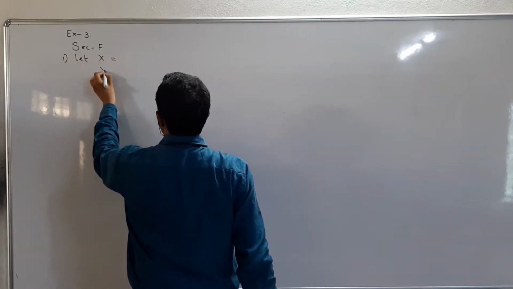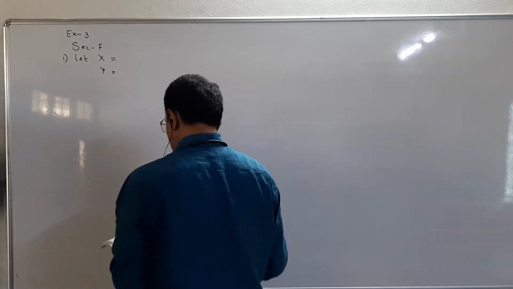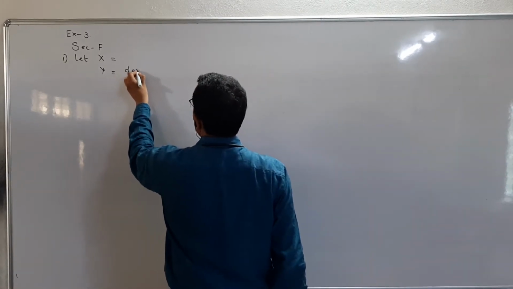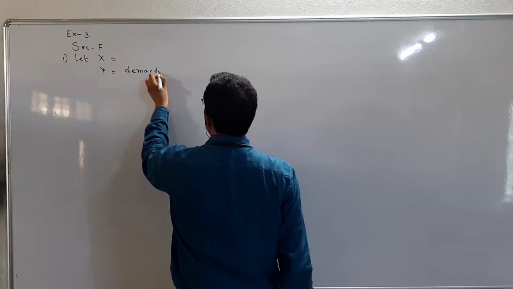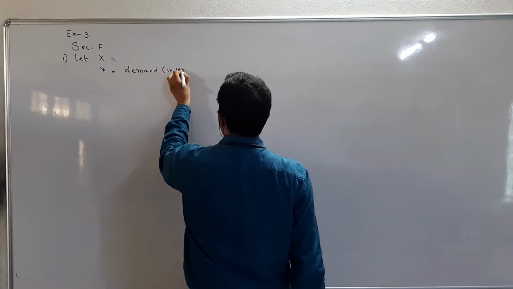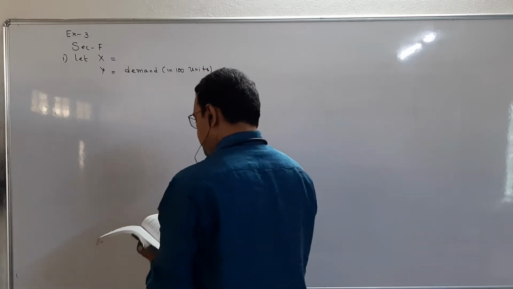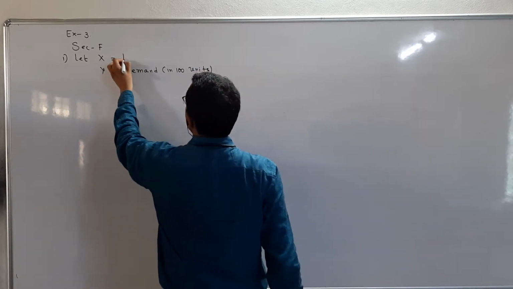variable X is equal to, variable Y is equal to Y will be demand in 100 of units. Demand in 100 units. And X is price in rupees.